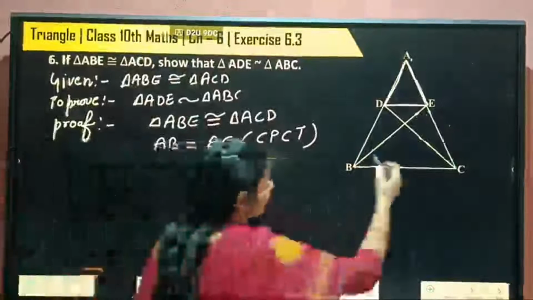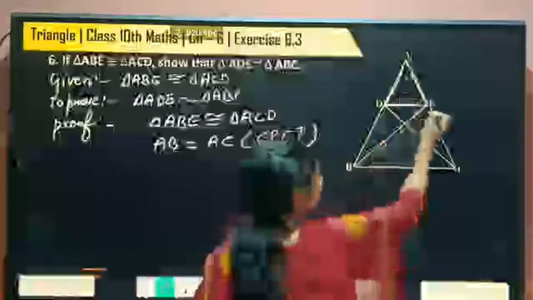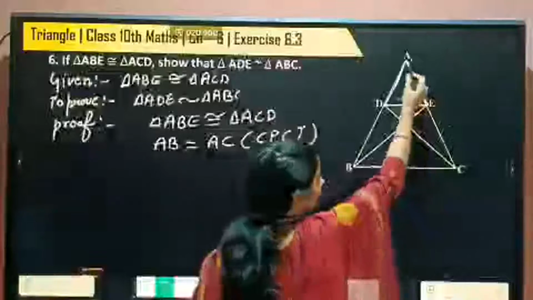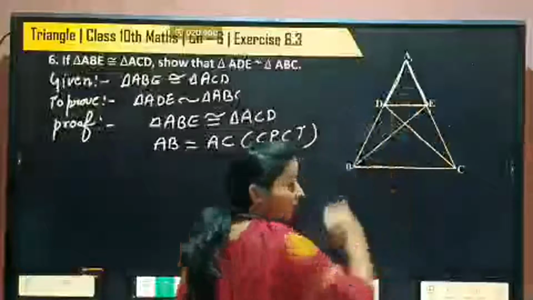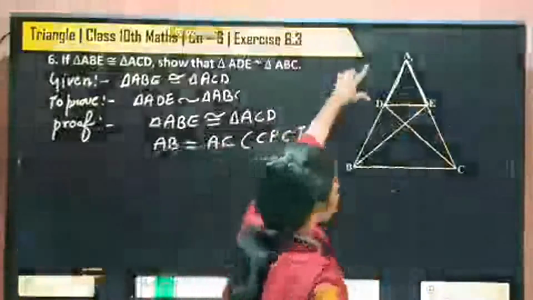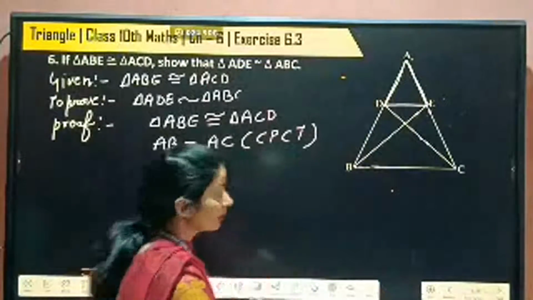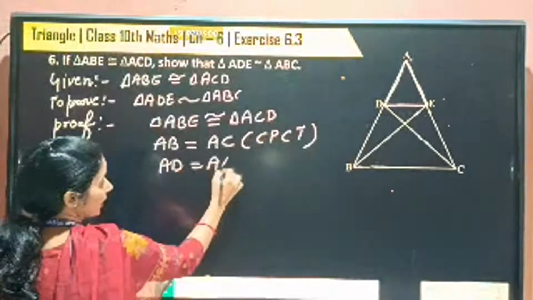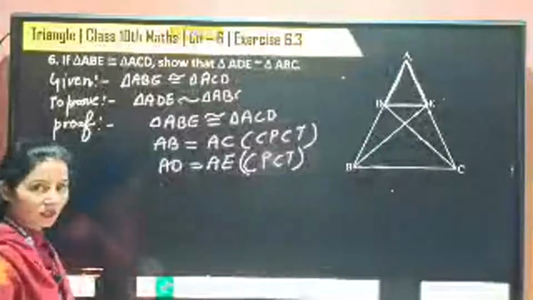After that, in ABE side AE, and in ACD side AD. This AD side is equal to AE side, AD equals AE. This is also by CPCT.